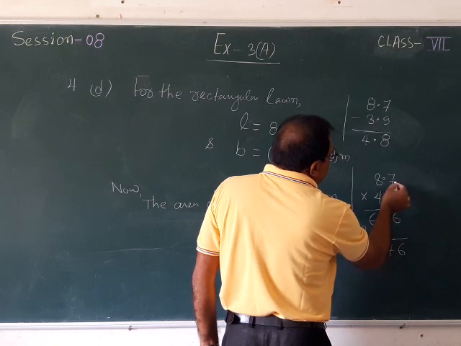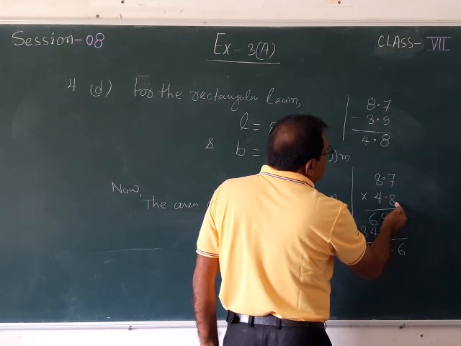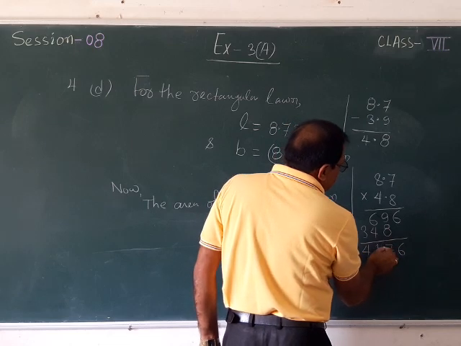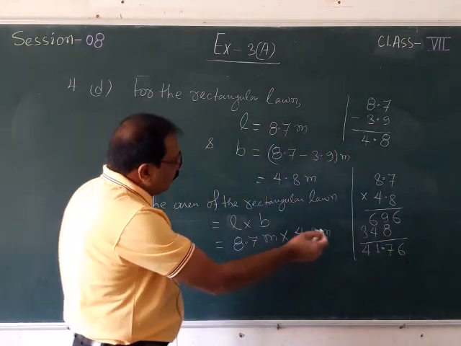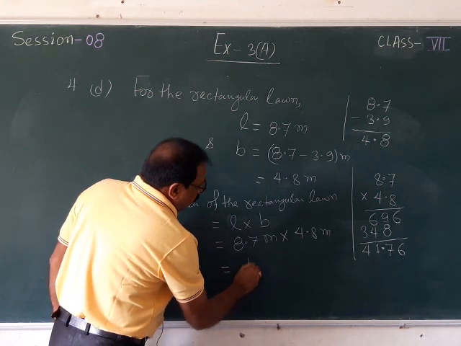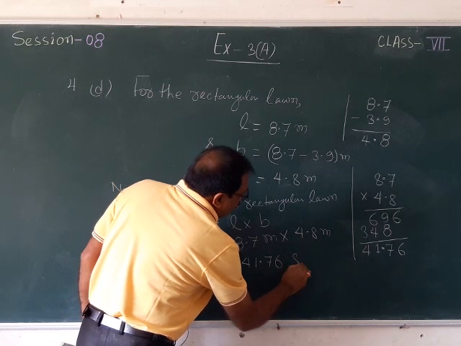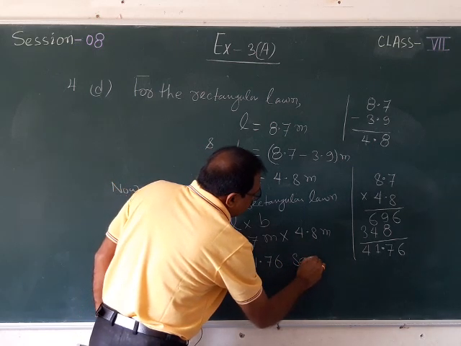Now there is one decimal digit in each number, so after 2 places you shift the decimal from the right side. So your answer will be 41.76 square meter.